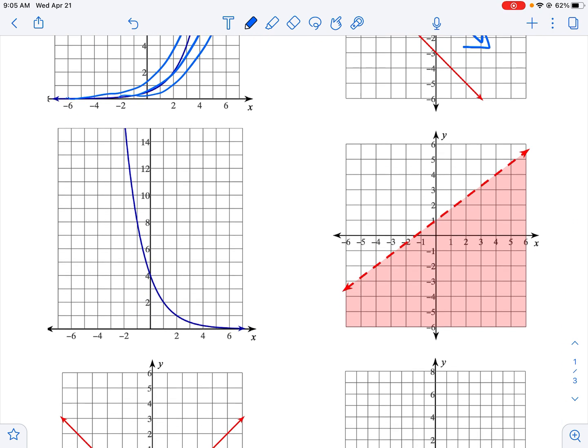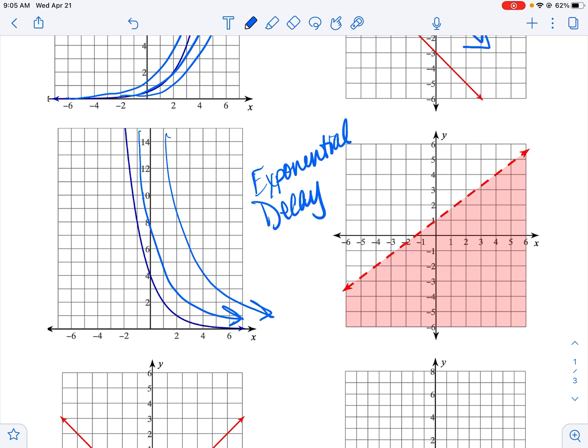This one is decay. This is exponential decay. So you have to kind of think of this in terms of our zombie apocalypse activity, where the number of population is going down by about half, right?